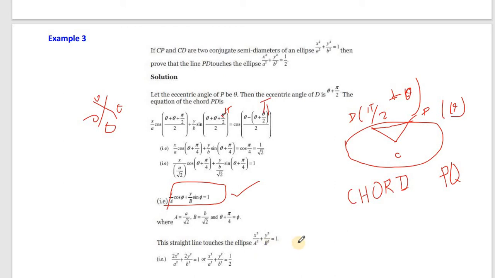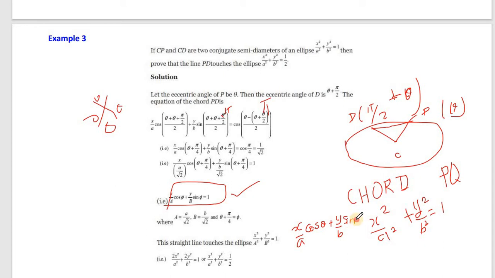Where from do we get that? We know that in general, when x square by a square plus y square by b square is the equation of the ellipse, then the equation of the tangent at theta is given by x by a cos theta plus y by b sin theta is equal to 1.